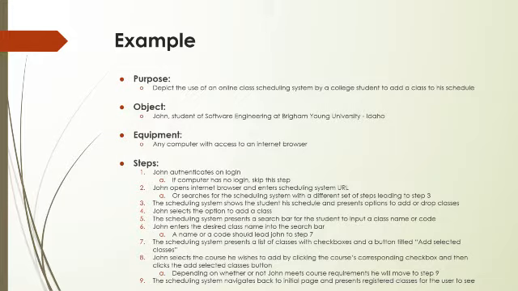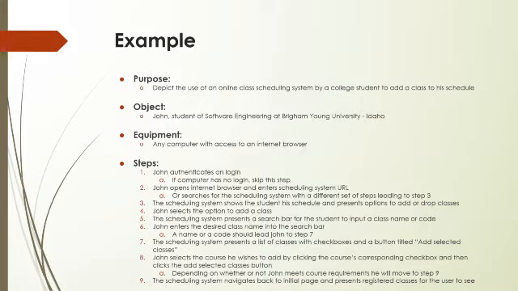Step 5. The scheduling system then presents a search bar for the student, John, to input a class name or code. John then enters the desired class name into the search bar. A name or a code should lead John to the next step, step 7. The scheduling system presents a list of classes with checkboxes and a button titled Add Selected Classes.